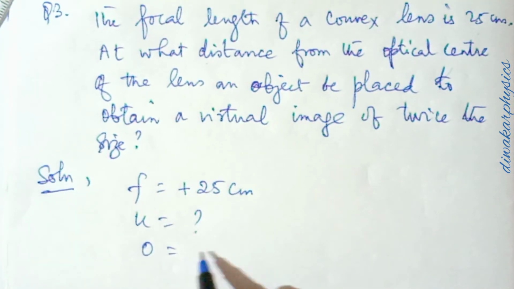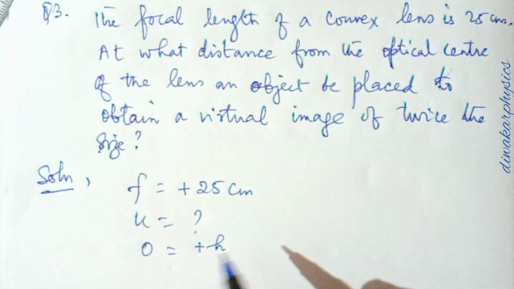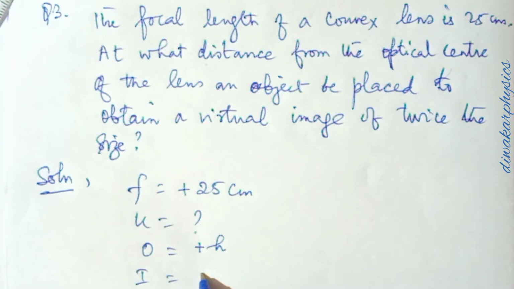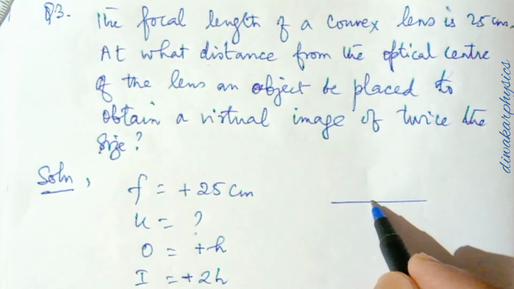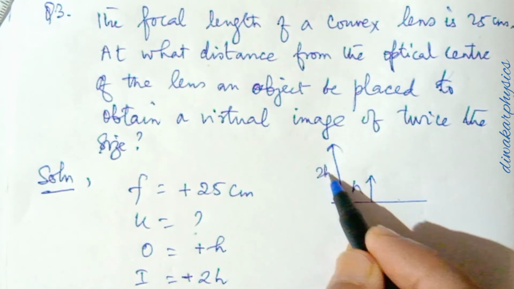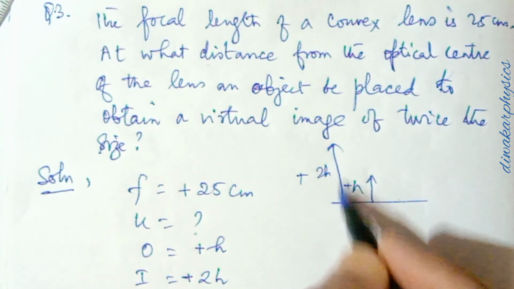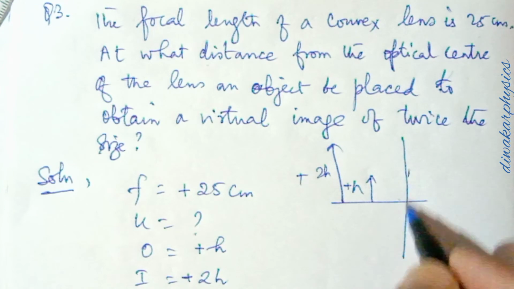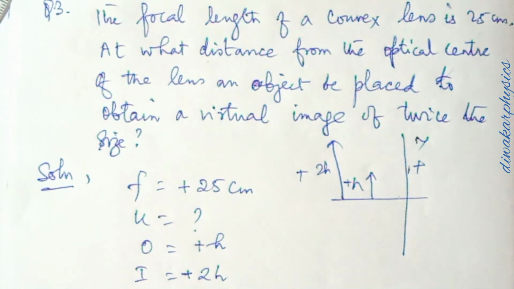Now if the object height is h, take it as plus, then the image height is twice, virtual image, so plus. Virtual image is always erect. Okay, so h and 2h, both are virtual, so standing along the positive y-axis. That's why plus h, plus 2h.